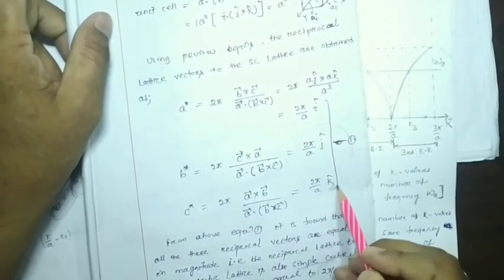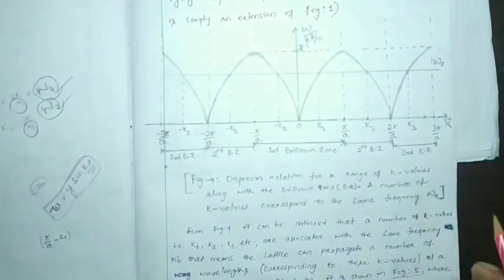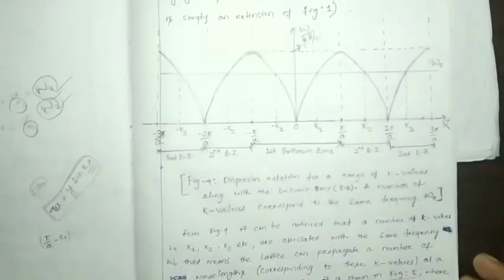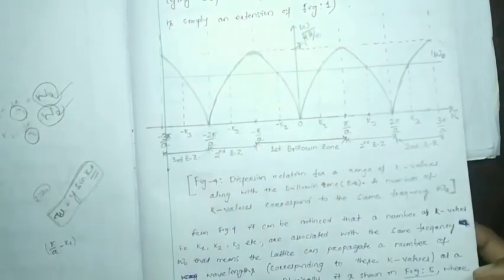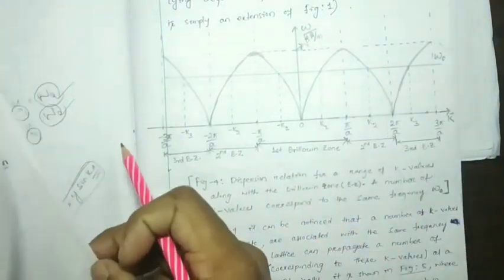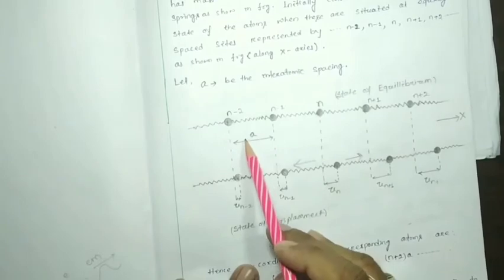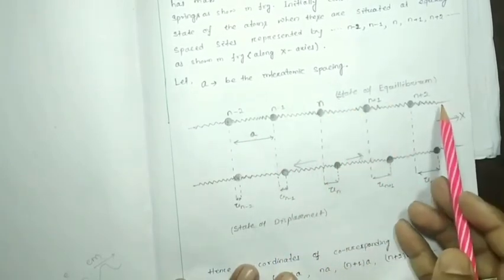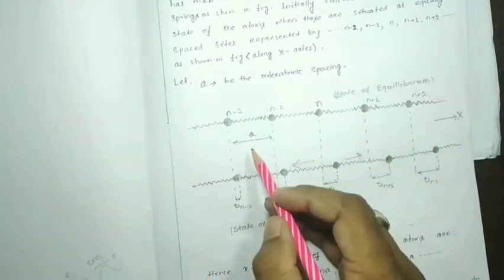Again I am going to say one thing: if a lattice is represented, as in our case, it is repeated over and over in the real space with distance a, again a. If it is represented in K space, it will be repeated with 2 pi by a.